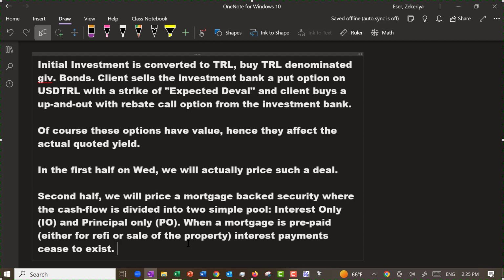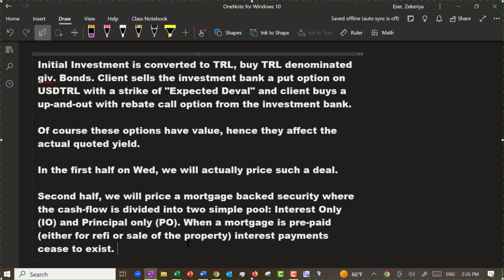People also leverage these things up 10 times. If you do the simple one, leverage is not a problem. Then you can even do senior, junior tranches on these, but we won't get into those. But when you're managing the money for a relatively large corporation, these kinds of things enhance returns.